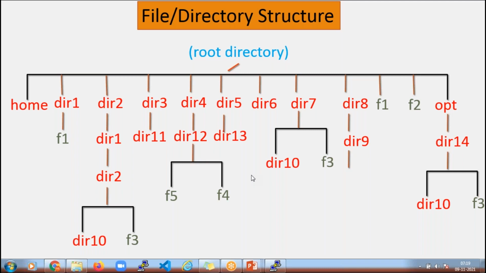It's a question for you guys. Let's say I want to operate something on the dir10 that you see here. Of course you are able to see my cursor. There is a dir10 directory available, and if I want to go to that directory, what is the absolute path, guys?